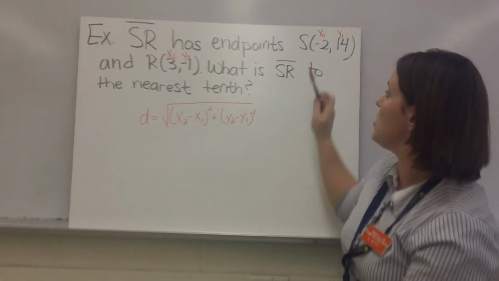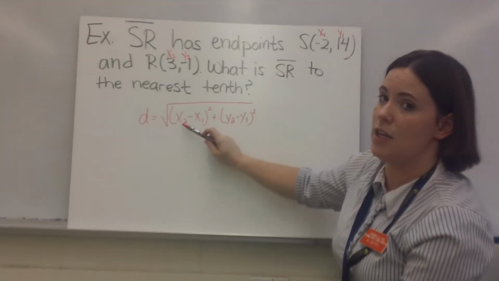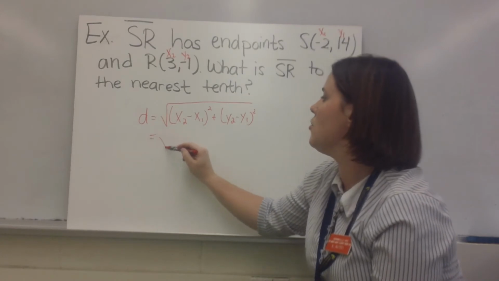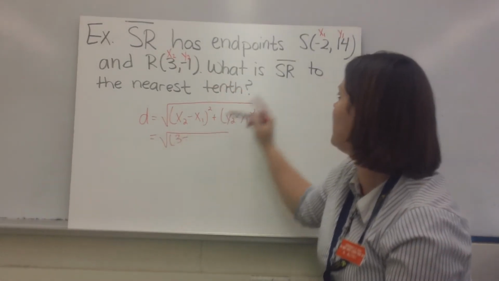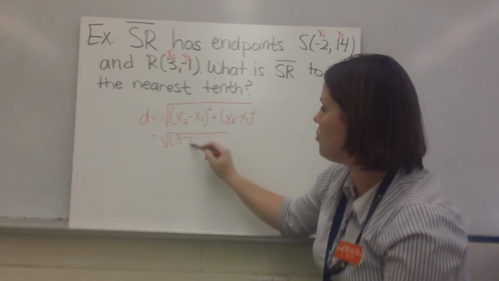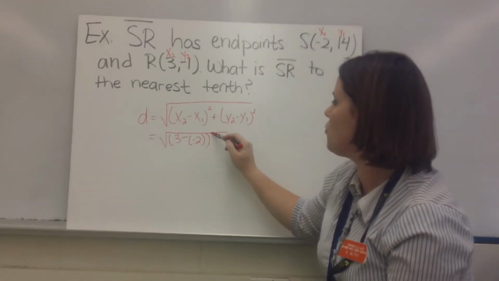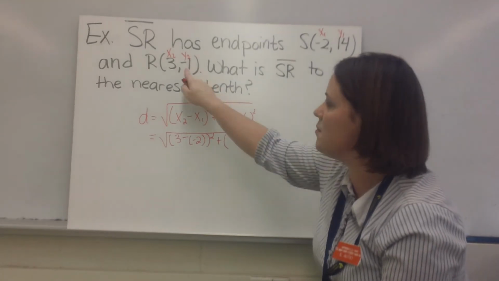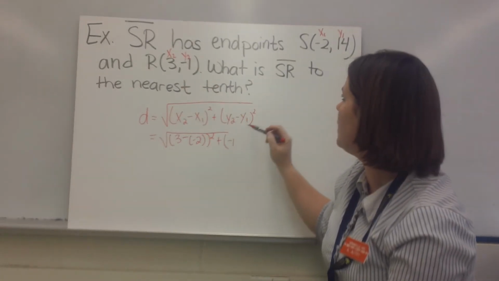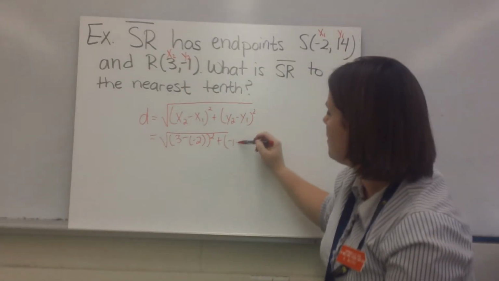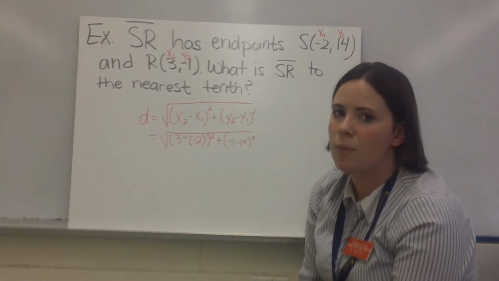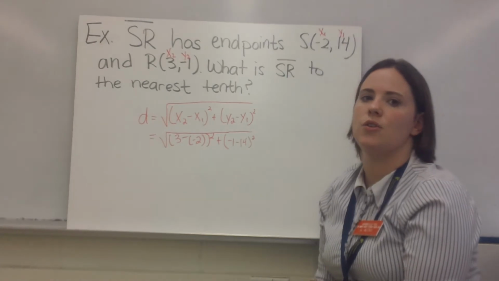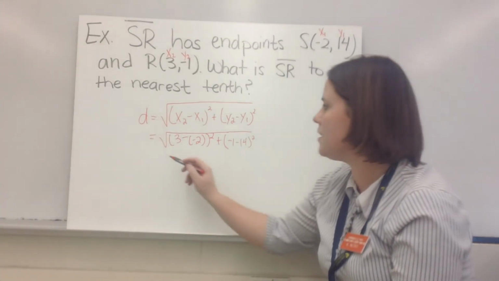Now I'm just going to substitute in these values in each of these places. When you have x sub 2, it's 3, so you're going to do 3 minus -2, squared, plus our y sub 2 is -1 minus 14, squared. Just like order of operations, please excuse my dear Aunt Sally, you do your parentheses first, then your exponents.